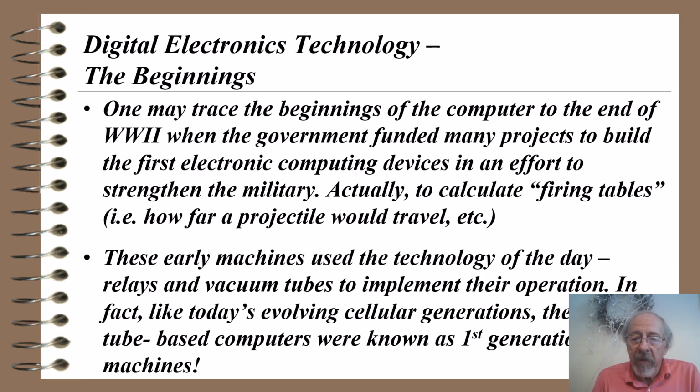So again, it was a very daunting task at the time to do it just with people. So again, this was a big push to try to get some type of calculator or computer that would do this automatically.